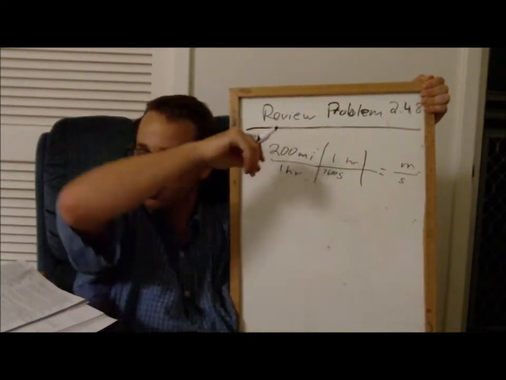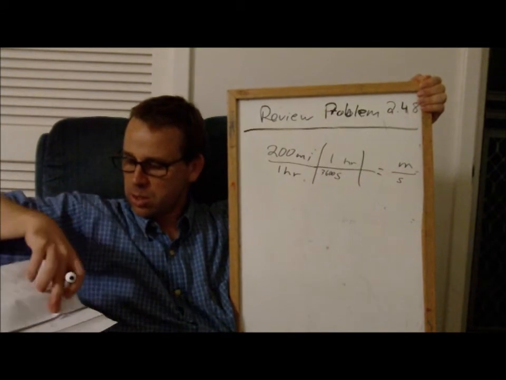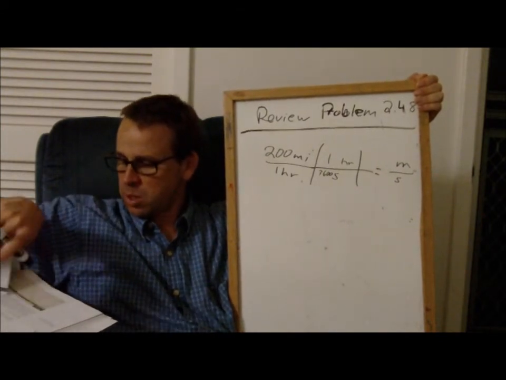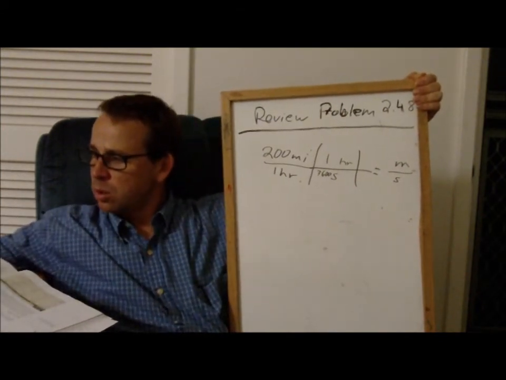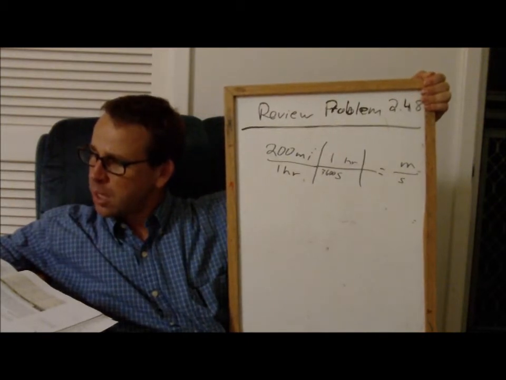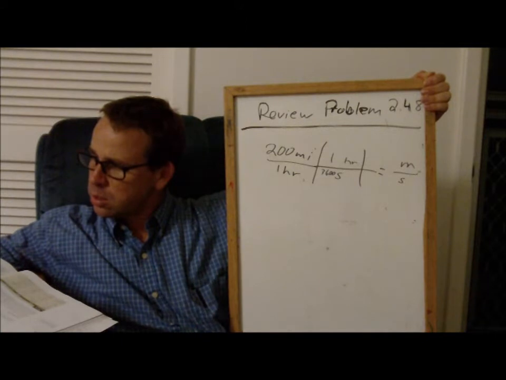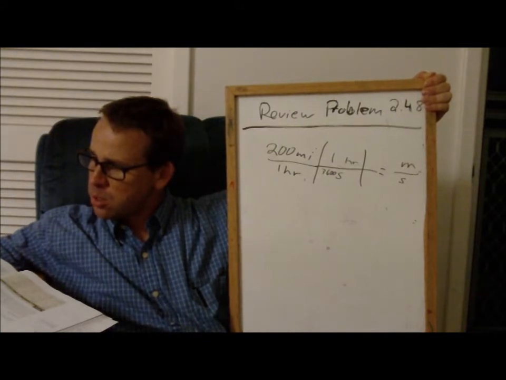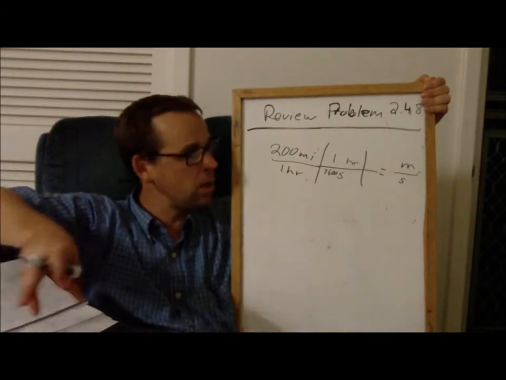So now we have to go from miles to meters. To go from miles to meters, we can use table 2.3, length. 1 mile doesn't tell us how many meters, but it tells us how many kilometers, which is 1.609.